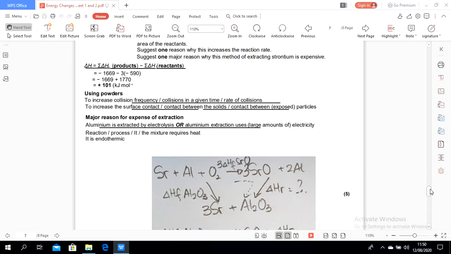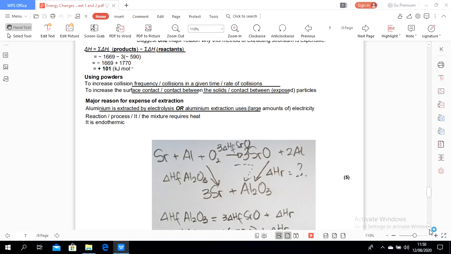So all students are expected to be able to draw the Hess cycle of a reaction. So here, just like in the previous one, we do elements plus compound, or reactant becoming product. So this one is the product, the direct route, and this one is the indirect route.